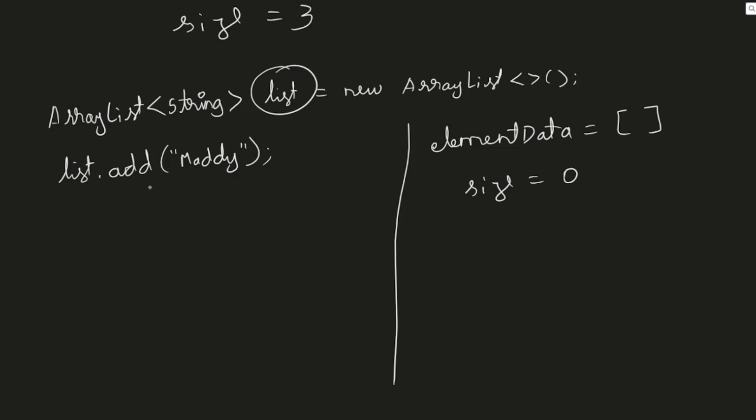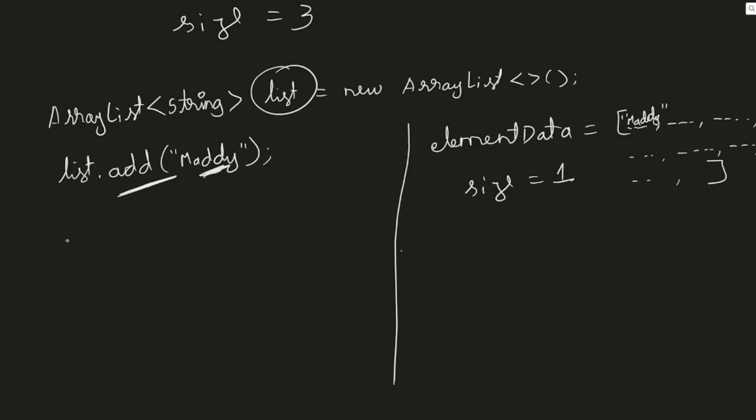Whenever Java encounters this particular line, it will update the element data variable to the initial capacity of 10, and it will update the first element to whatever we are currently passing, which is nothing but Maddie, and update the size variable to 1. This is what happens when the first insertion happens.